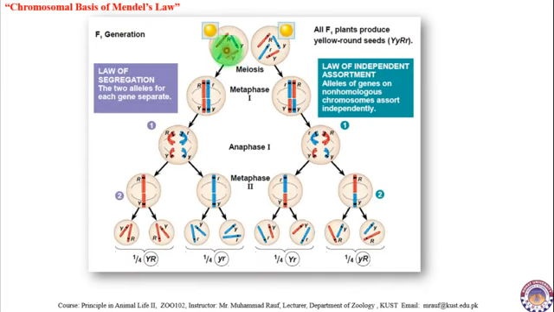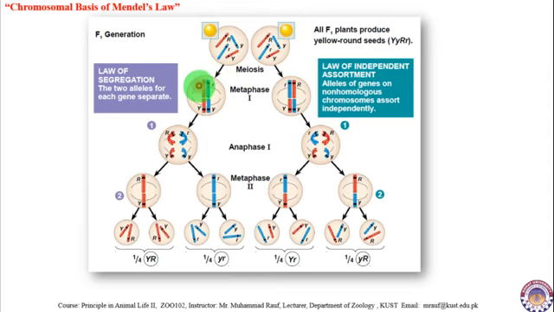Then in the F1 generation the process of gametogenesis starts, and now for the gametes that will be produced, the alleles will be segregated independently. You can see these are two alleles for determining the seed color, and these are two alleles for determining the seed shape.